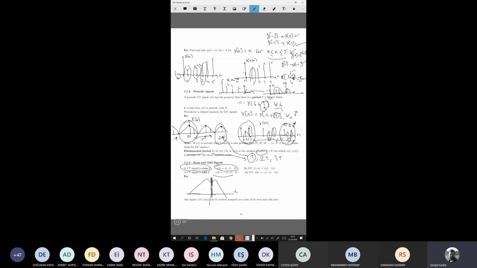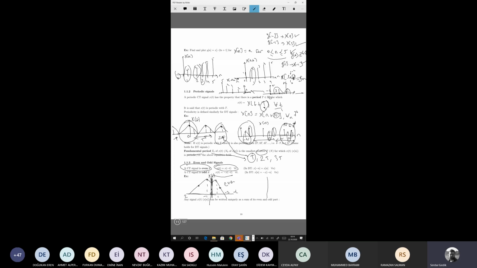This is my t. This is 1. This is -1. This is 2. This is -2. But it's hard to draw on the tablet. So assume that this is symmetric around the origin, around the vertical y-axis. You can see that the value here is equal to the value here. The value here is equal to the value here. So this is simply symmetric around the vertical y-axis. So this is my x of t, which is an even signal.